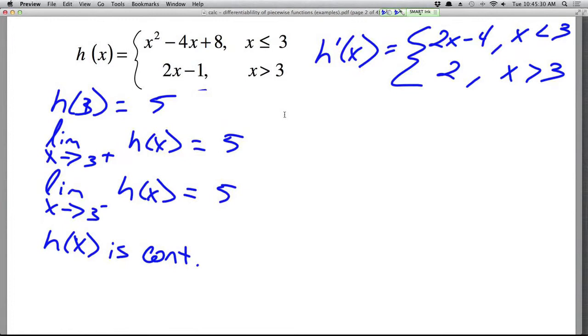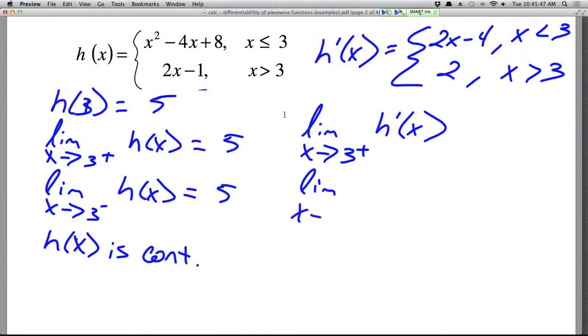Why can't you put it on? You'll see why in a second when I get this finished. Alright, now that I have my derivative, I need to look at the limit as x approaches 3 from the right of my derivative, and the limit as x approaches 3 from the left of my derivative.